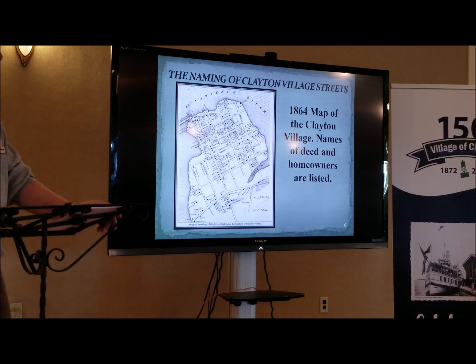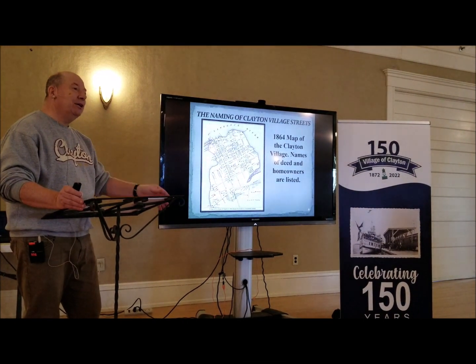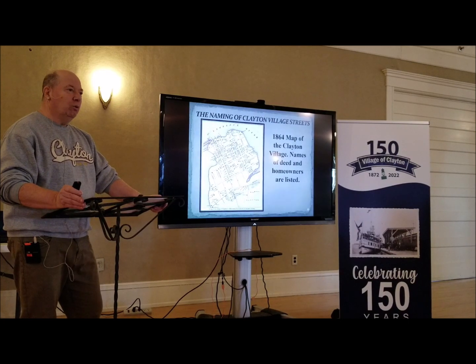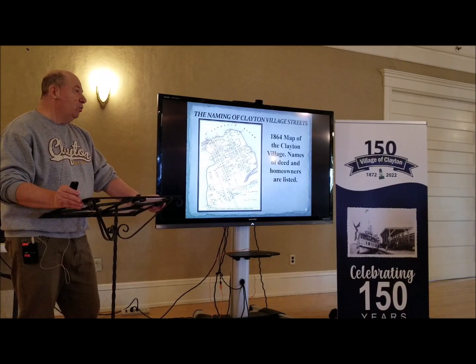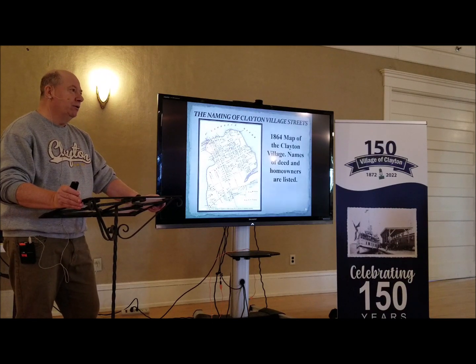This map seems to have gotten used many times. And the one really, really nice thing about this map, you can't see it real good, but it has the names of all the homeowners. Maybe not who was living in that house, but most particularly the homeowner, because that's who was on the map.